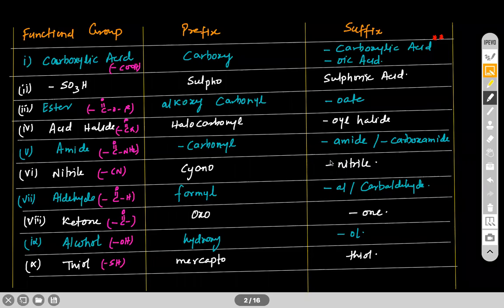Okay, done? Vaishnavi, fast. In which case can carboxylic acid give a prefix? We'll see that. Wait, Ruchita.